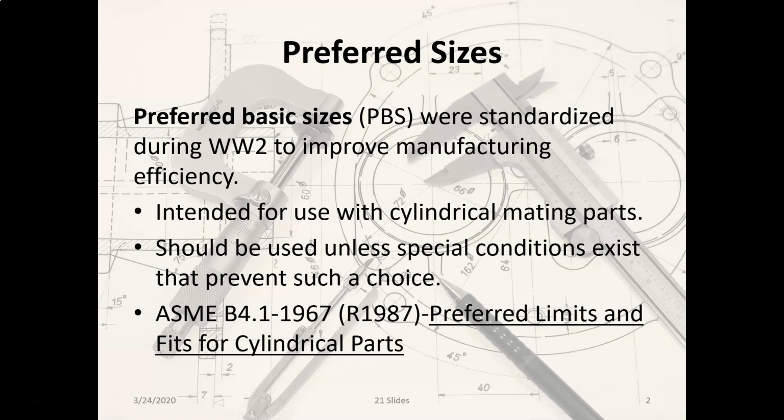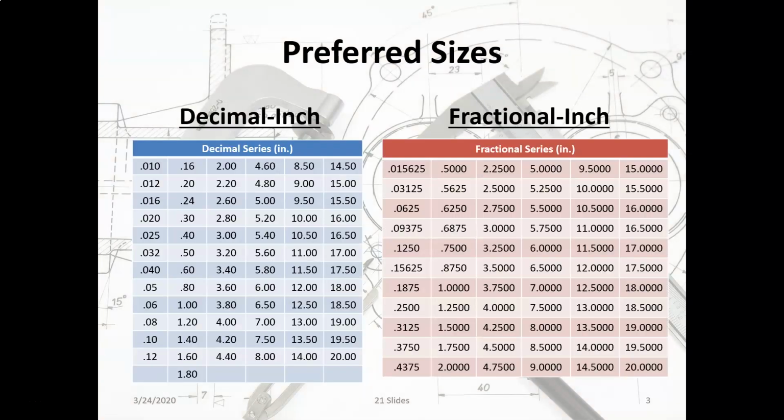Here we're talking about cylindrical mating parts, the important parts that are going to be used in machinery. They said that we're going to standardize these sizes so that there's a set number of sizes you can use, and you just have to decide which one you want to use within that standardized set.